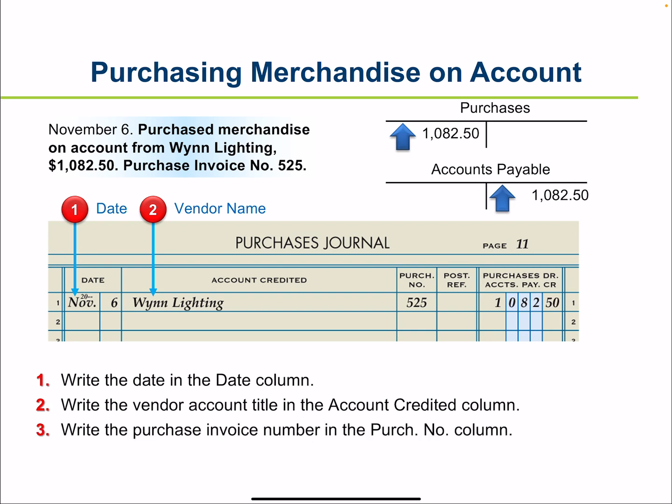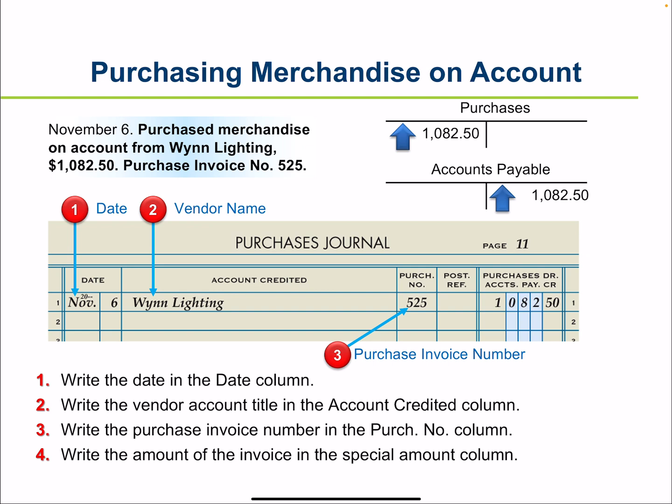Number 3, we will write the purchase invoice number. Number 4, we're going to write the amount of the invoice in the special amount column. And again, remember, that's affecting two accounts. We have a purchases debit, you can see right there, and accounts payable credit. Which vendor are we doing it to? It's Win Lighting.